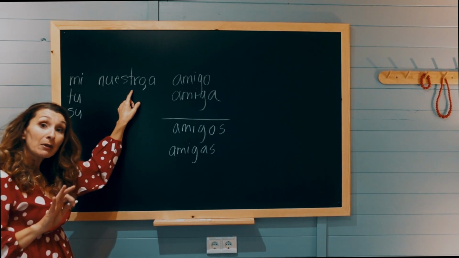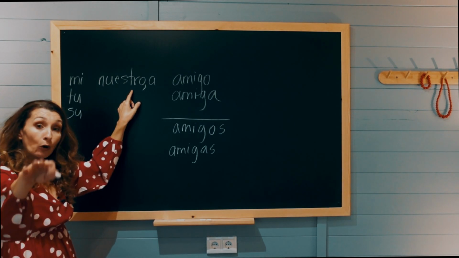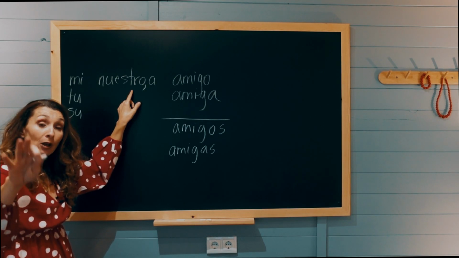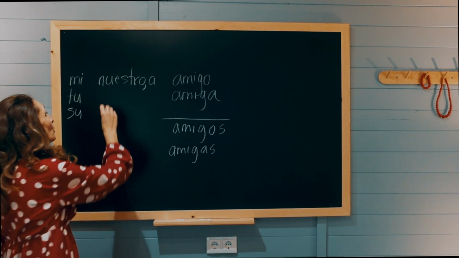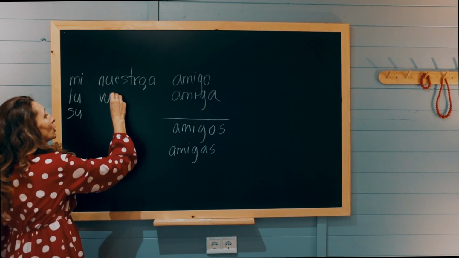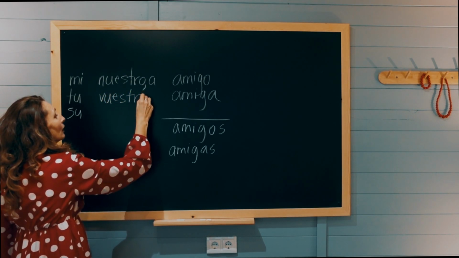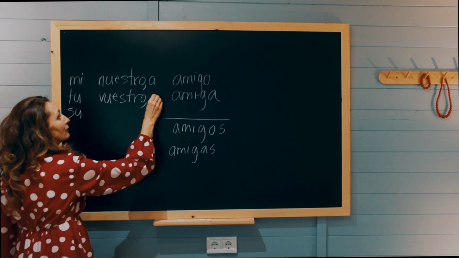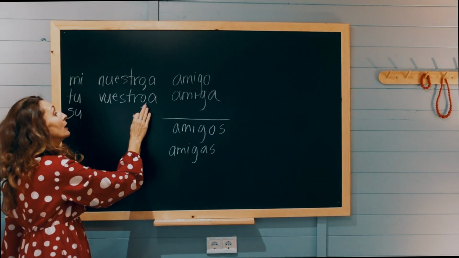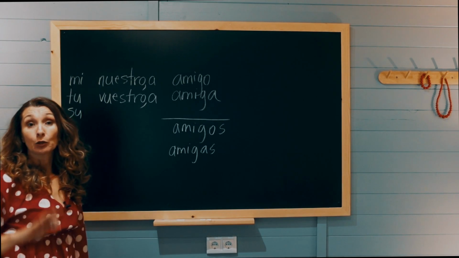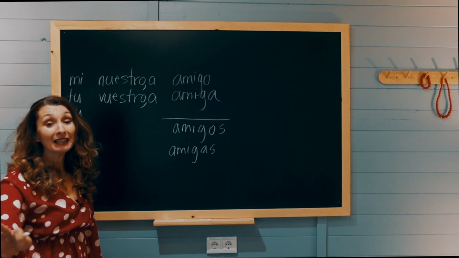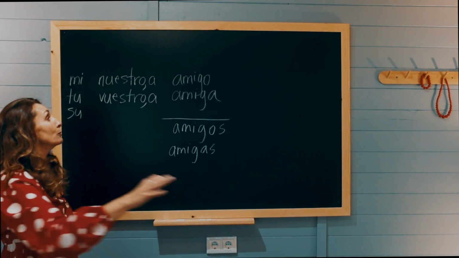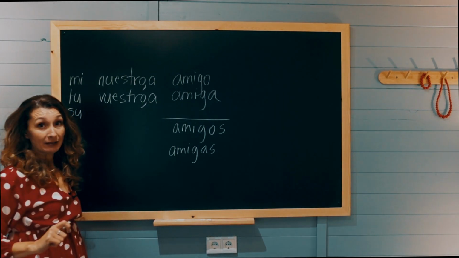Okay, maybe he is your friend, but not just yours, also your friends' friend. Okay, so he would be vuestro amigo, or again, if we're talking about a girl, vuestra amiga. So it's you and all your friends, or maybe you and all your family, you all claim to be his or her friends, okay?